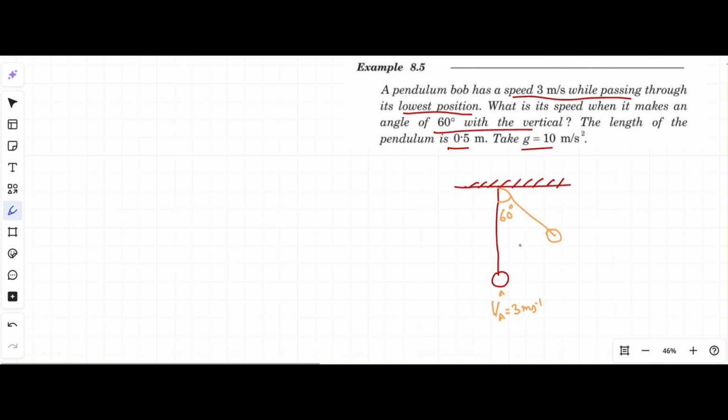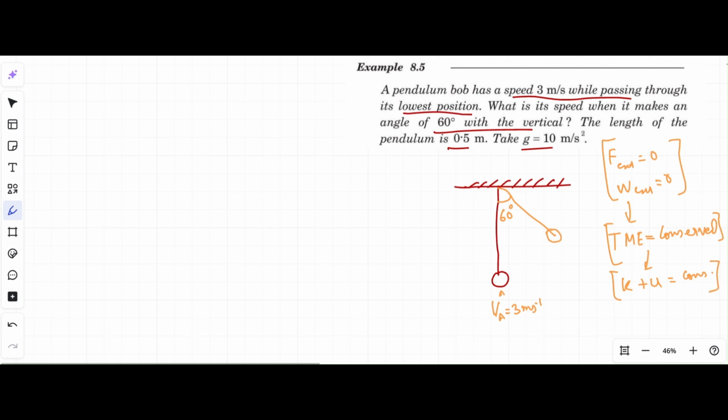So again here no external force is acting. F external equals 0. Work done by external equals 0. Again here only internal conservative forces are acting, which means that total mechanical energy is conserved, which means that K plus U equals constant.